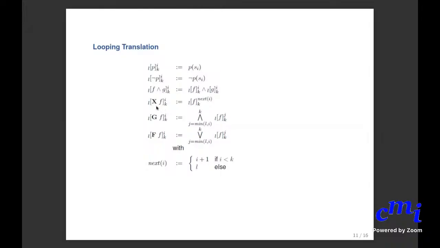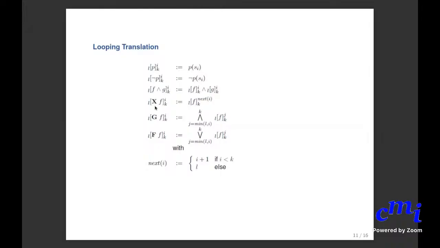Now, here with X, as you saw, this denotation for the translation operator has an L, to denote that the translation is for the case where the k-long prefix of an infinite path has at least one lasso.